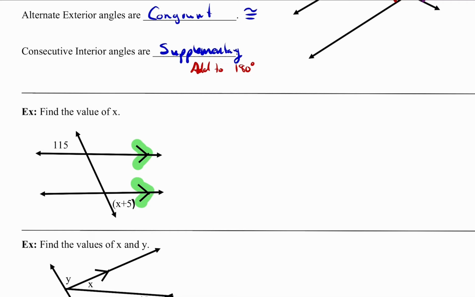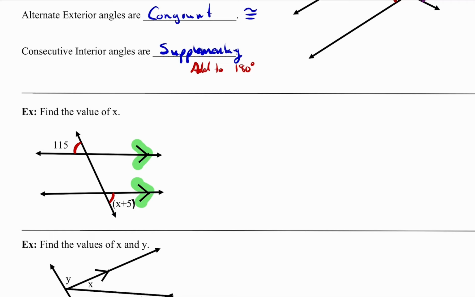Because we know all of that and we look at this, I say, oh, I have this angle here. I have a nice angle right here that is alternate exterior with this expression, x plus 5. So I have 115 and x plus 5, and I want to write this as an equation.